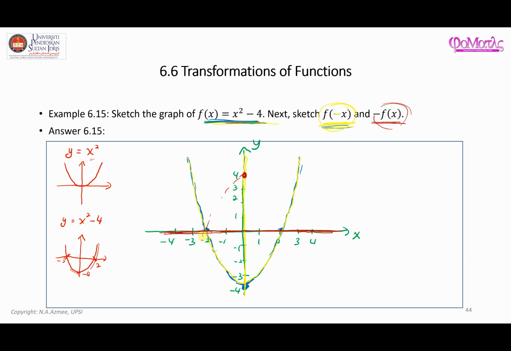So we will have this graph, where the red one is the mirror image of the original graph. I'm just going to draw the solid line here. This is the graph being reflected on the x-axis.